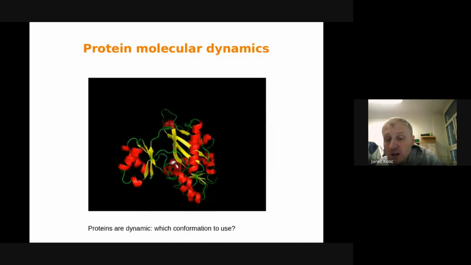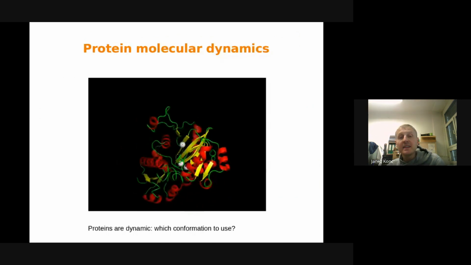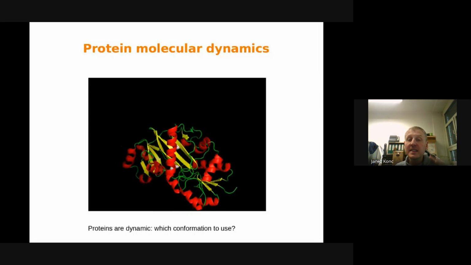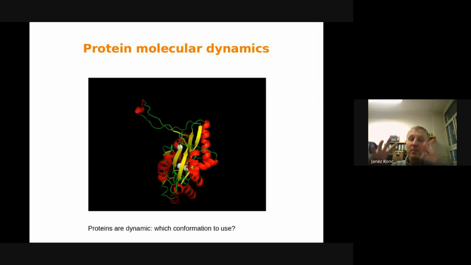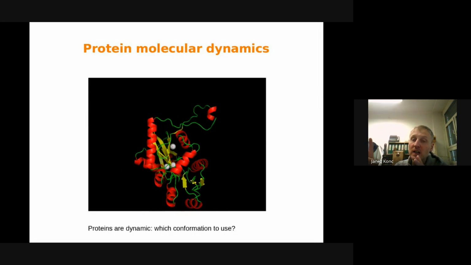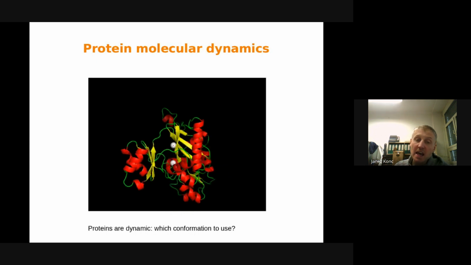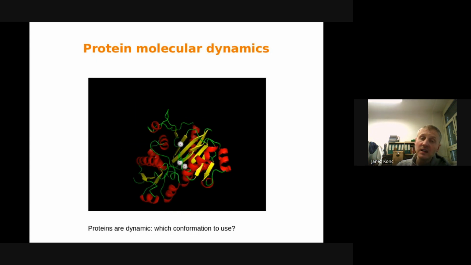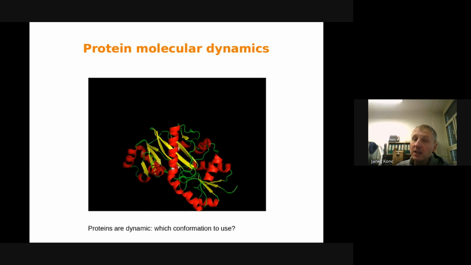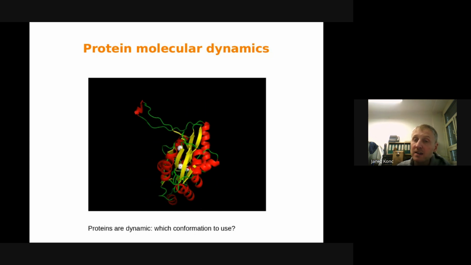Protein structures are not static pictures as we get in these databases. They are rather dynamic. They move within our cells, within the solution, and we can study this process within a computer using so-called molecular dynamics.